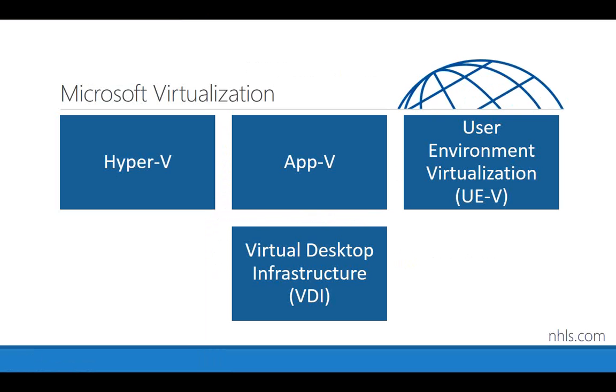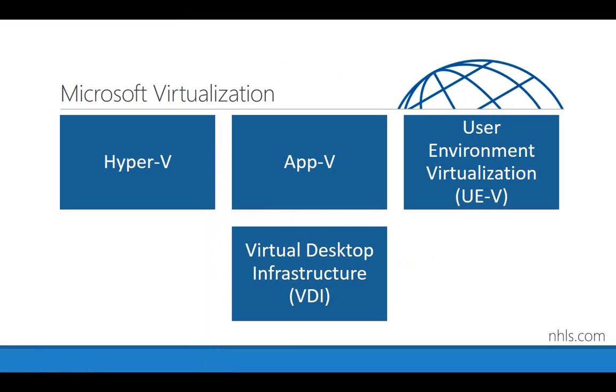But the idea of App-V is when you virtualize an application, it basically separates the application from the operating system, isolates it so that you can run it on a computer without actually installing it on that computer first. So it allows us to run applications without installing them, which can make deployment of applications to client systems, for example, much easier.